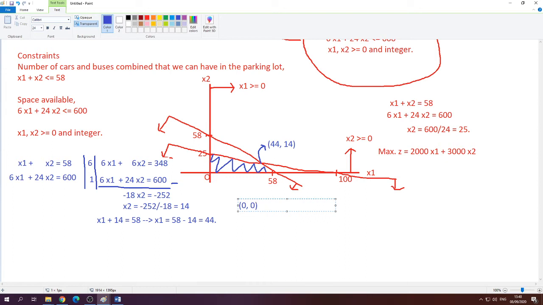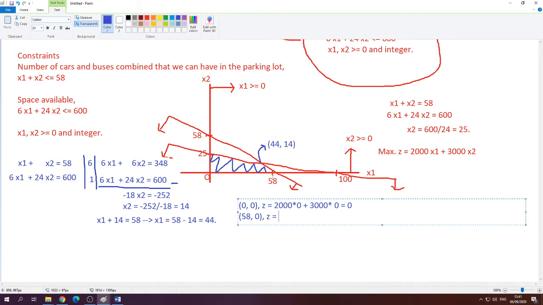With 0, 0, z will be 2000 times 0 plus 3000 times 0, and that means 0. So the origin means we are doing nothing, right? There is no car, there is no bus, so we don't get any money. And the second point is 58, 0.